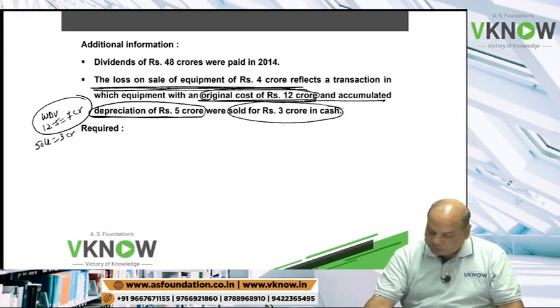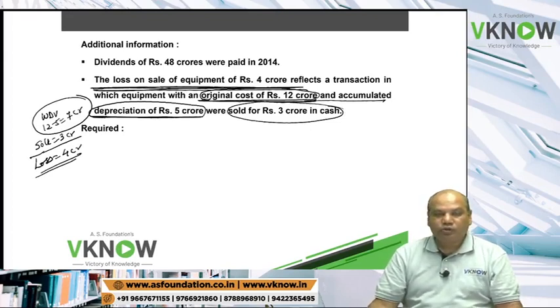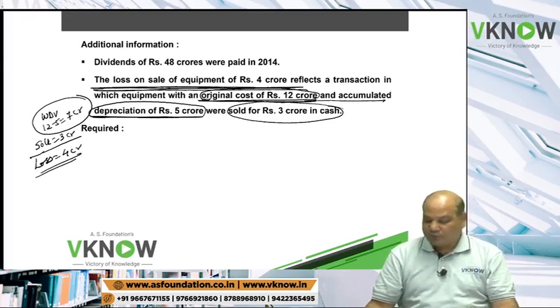So the loss is correctly calculated at 4 crore.